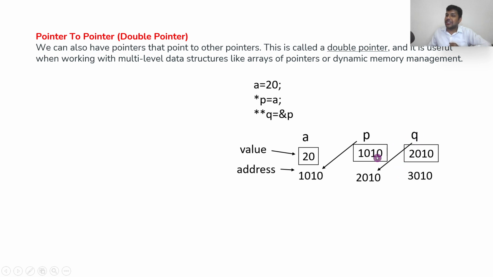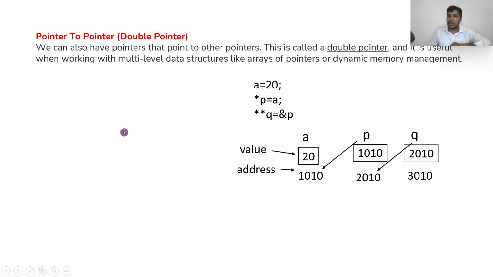When I say *q, it will print the value in the address, nothing but 1010. If I say **q, it will print the value in a. How? Because it is referring to the address value, again the address value. So value in the address and value in the address. So **q, what will it print? It will print 20.